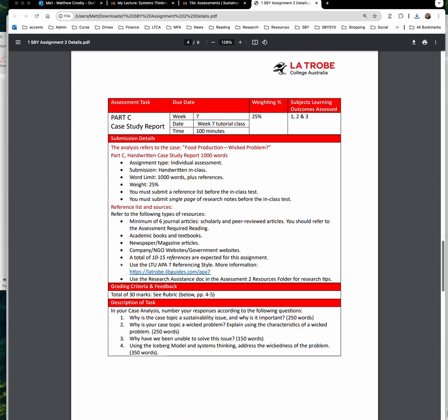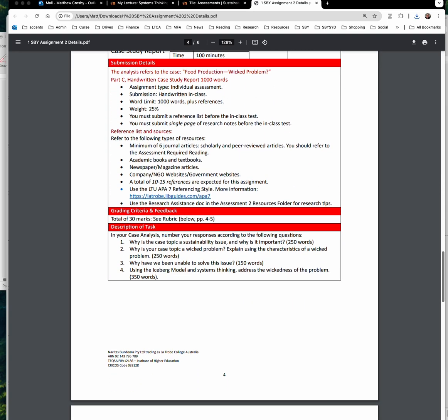to part C. And you'll see here it says, using the iceberg model and systems thinking, address the wickedness of the problem. So up at the top here, we've asked, why is it important? Well, we've measured the seriousness of the problem. I guess that's talking about the wickedness.